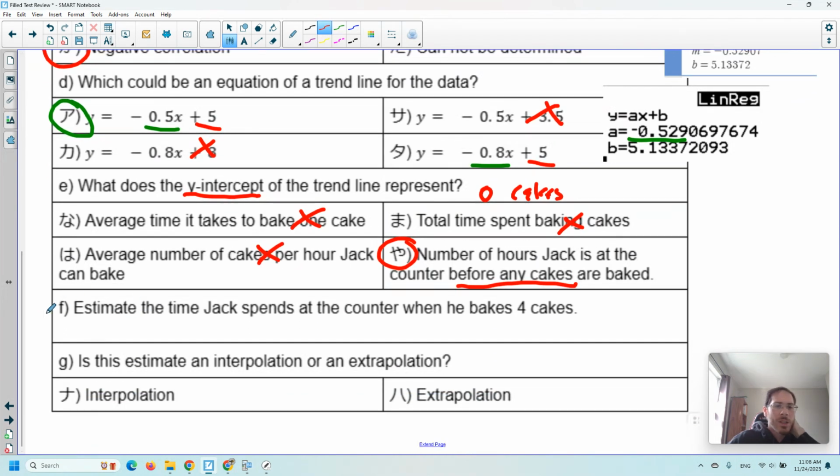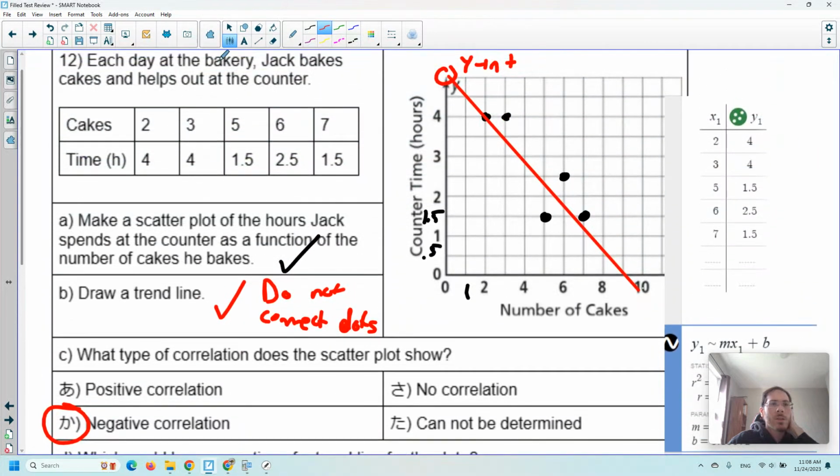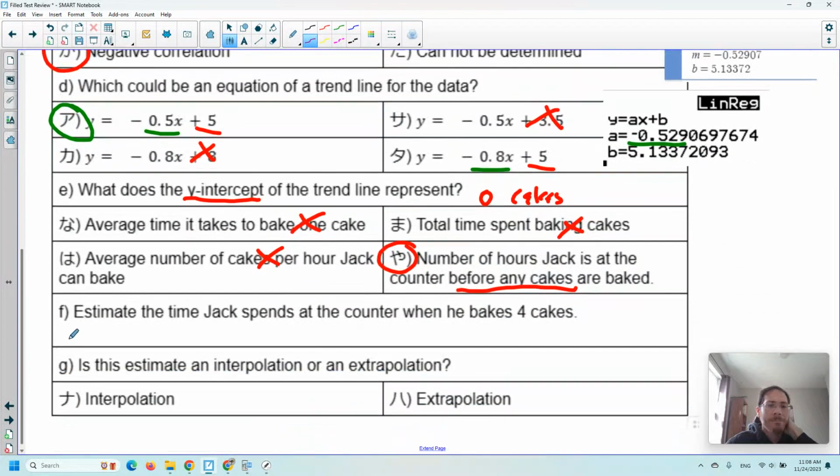Part F, estimate the time Jack spends at the counter when he bakes 4 cakes. So we come over here and we just kind of say, all right, well, if I'm at 4, we're right there. So it looks like between 2.5 and 3, maybe like 2.9-ish. So I'll say 2.9. If we want, we could use the equation to solve it out precisely.